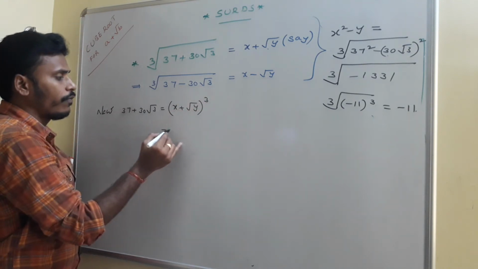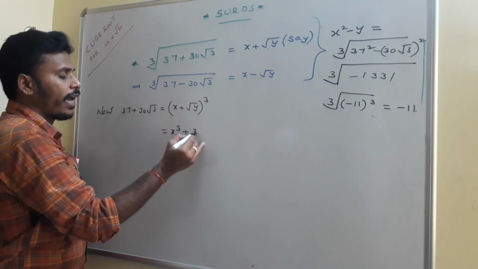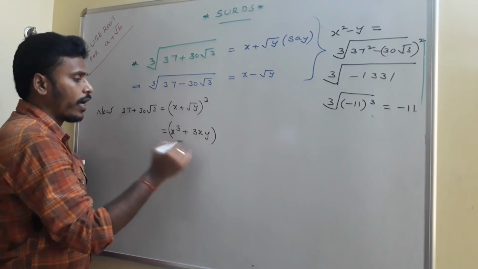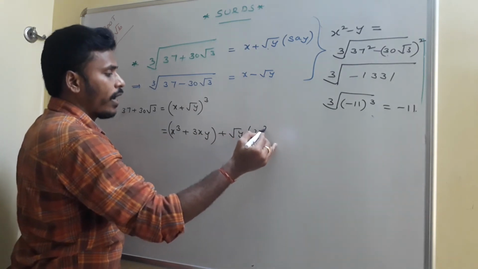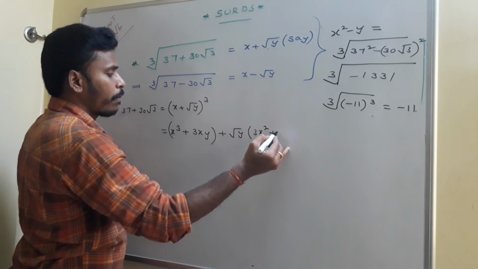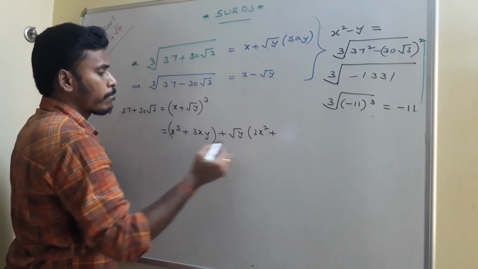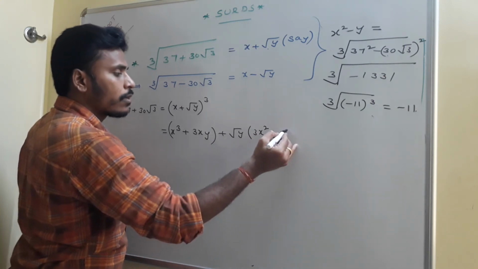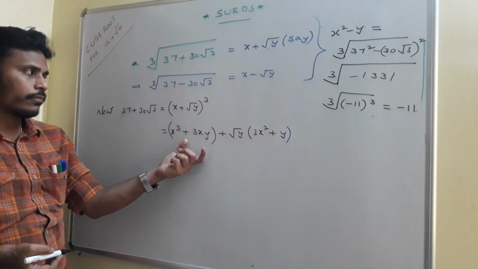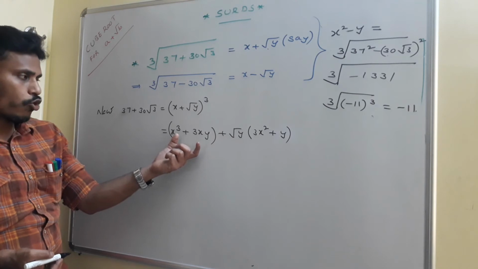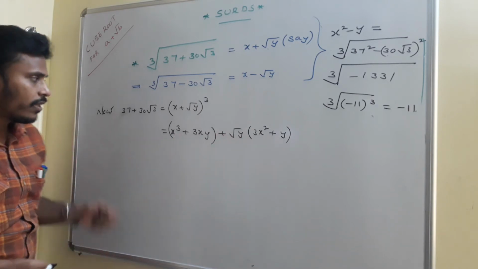Already we did it in the previous cases: x cube plus 3xy plus root y times the 3x square plus y.